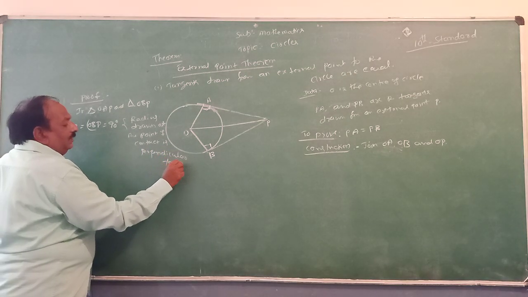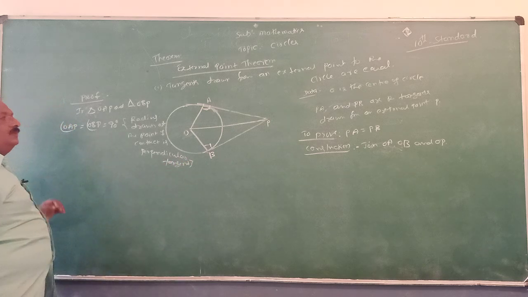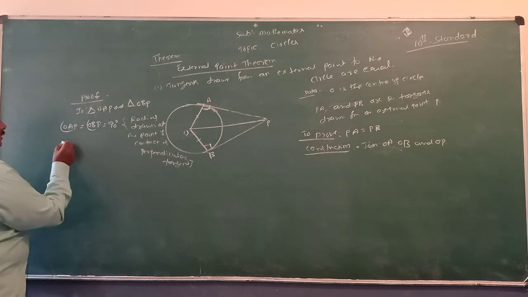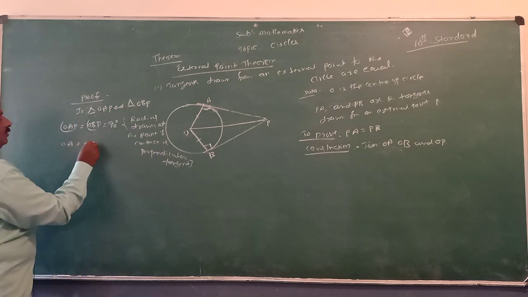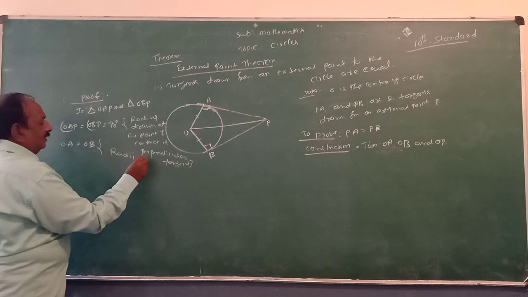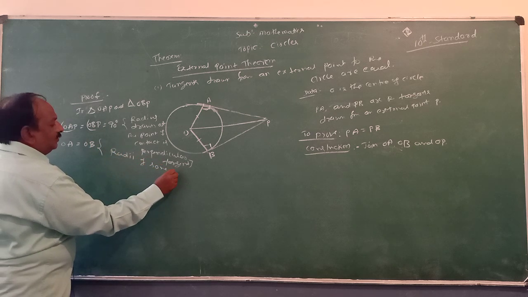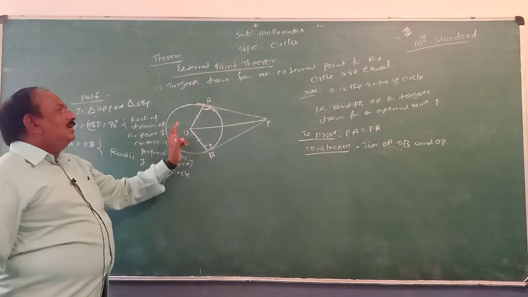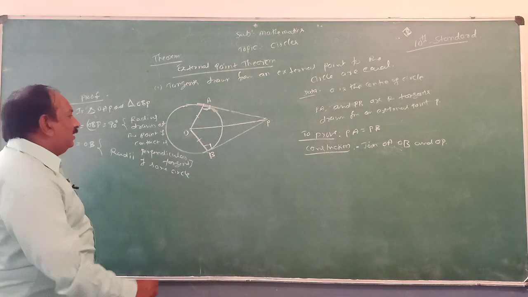Then OA is equal to OB, radii of the same circle.